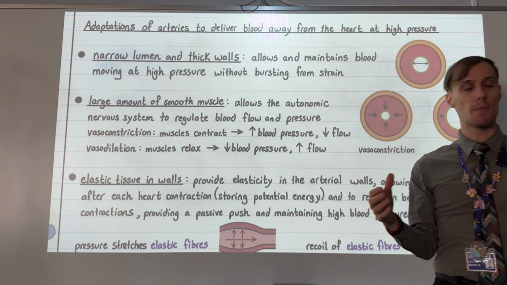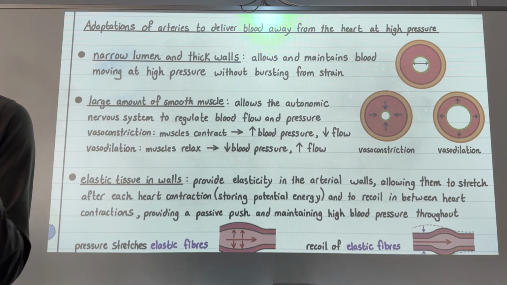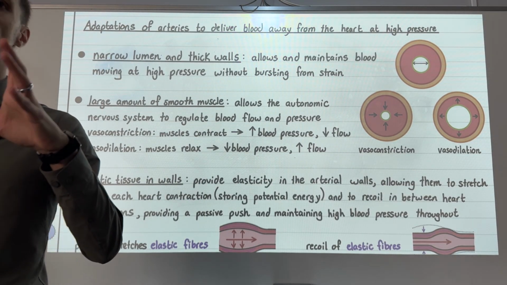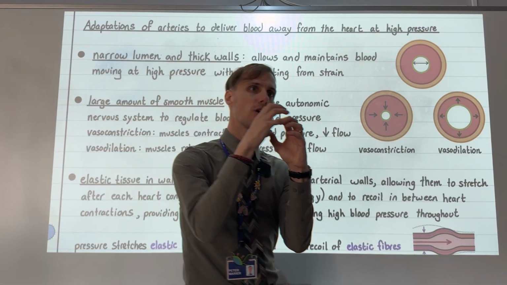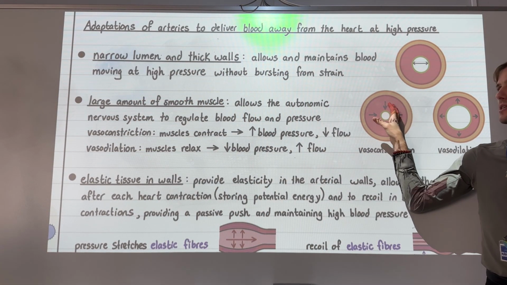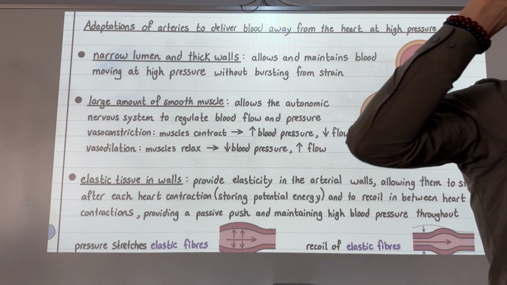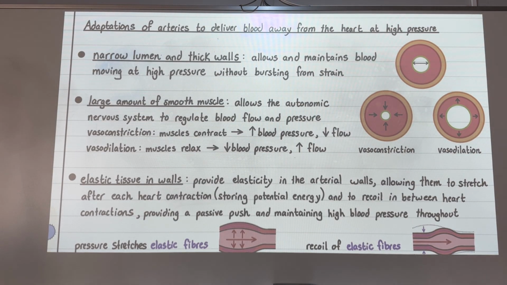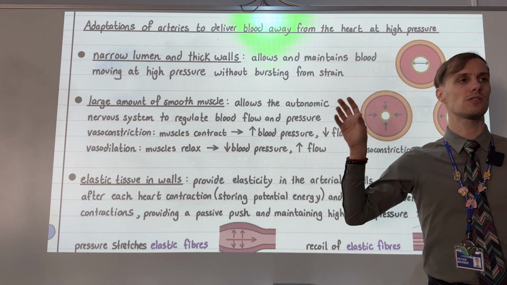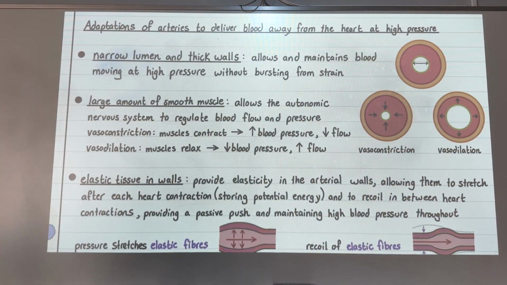Now they do operate in the same way as any other muscles, which is they work in antagonistic pairs. When they contract, they shorten. When they relax, they lengthen. So what happens here is that because the tunica media has a lot of smooth muscle, your blood vessels can actually alter blood flow and blood pressure.